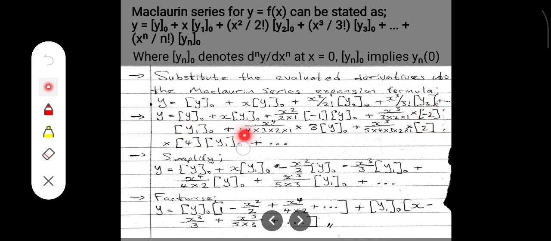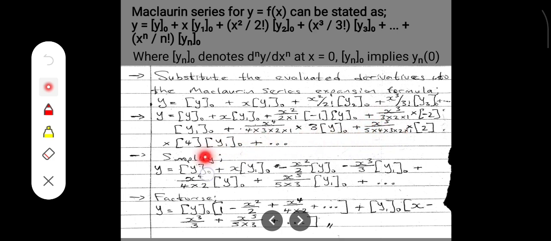Now for the s to the power 4 over 4 factorial, we have 4 times 3 times 2 times 1 multiplied by y subscript 4 of 0, which is 3 multiplied by y of 0. Now for y subscript 5 of 0, we add 2 times 4 multiplied by y subscript 1 of 0, and we have s to the power 5 over 5 factorial as the factor. Now it keeps adding up.